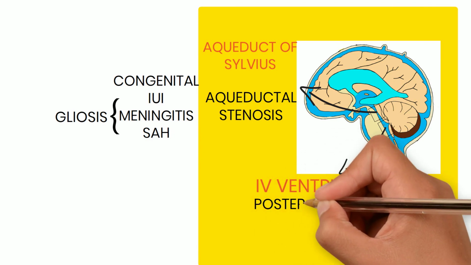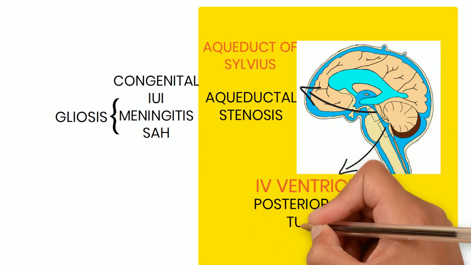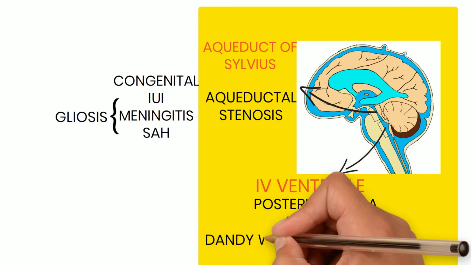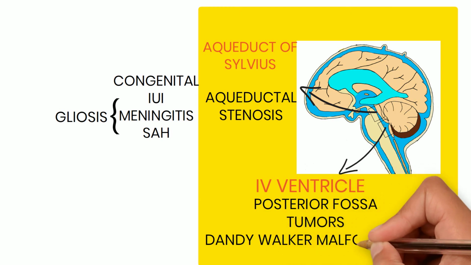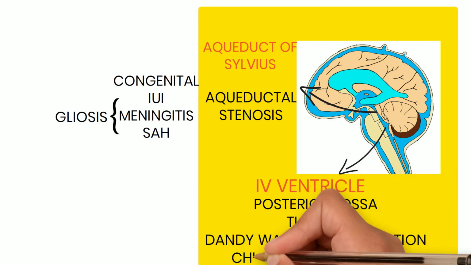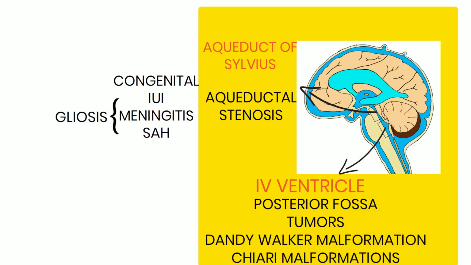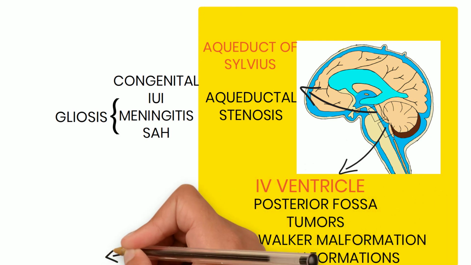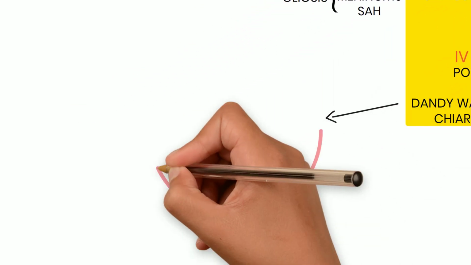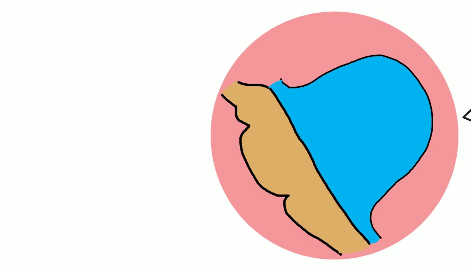Common causes at the level of the fourth ventricle are posterior fossa tumors or malformations like Dandy-Walker malformation and Chiari malformation. So what is this Dandy-Walker malformation? Here there is a defect in the development of the roof of the fourth ventricle.